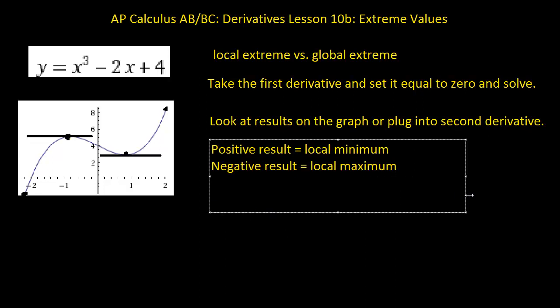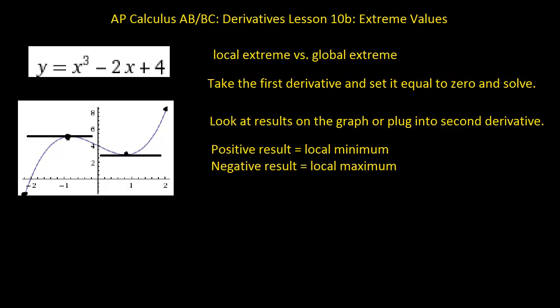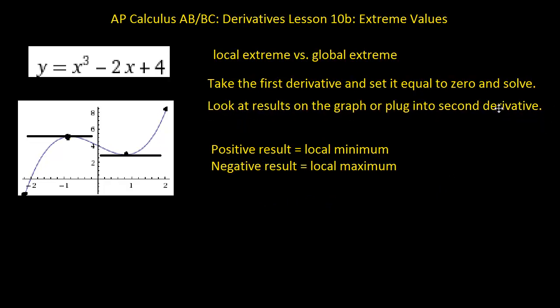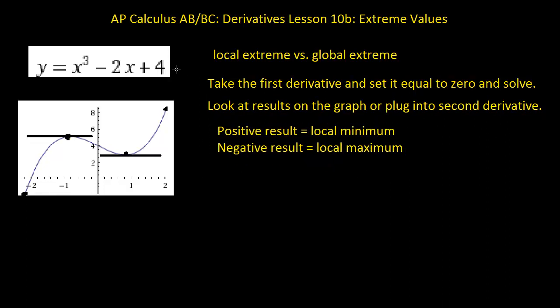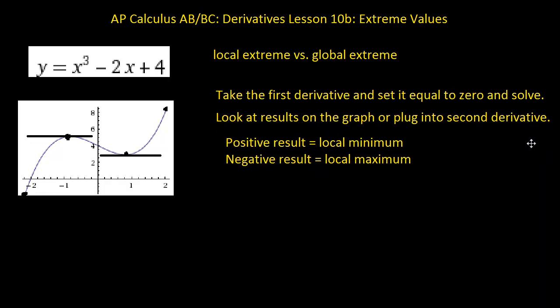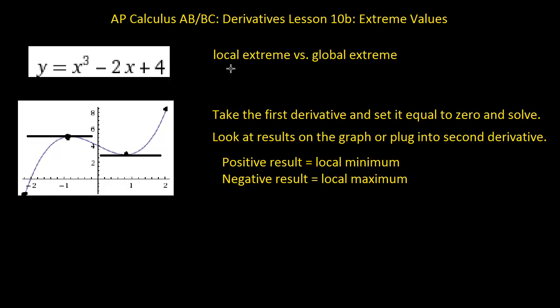So to sum it up, here are the steps to solve these extreme value questions. I'll kind of have this indented here. So taking the first derivative and setting it equal to 0 and solving, this gives you these values.